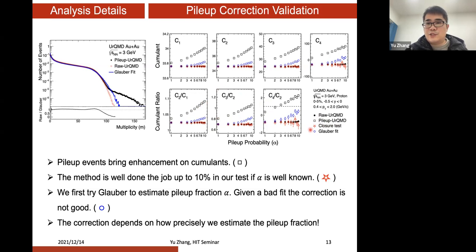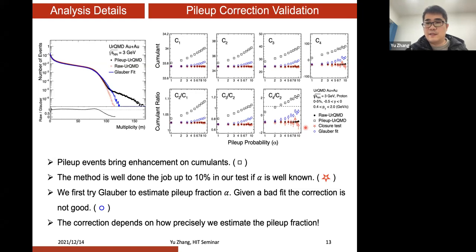And there are two tests on the correction method. One is the closure test using the single collision distribution directly from our simulation. And we see that up to 10%, the pileup correction can effectively do its job.